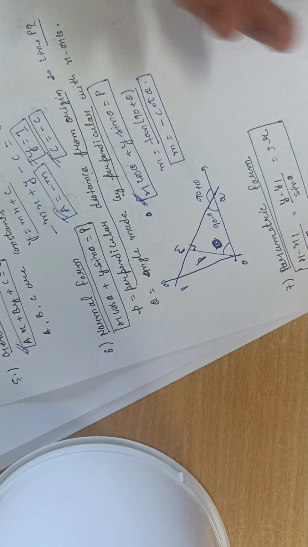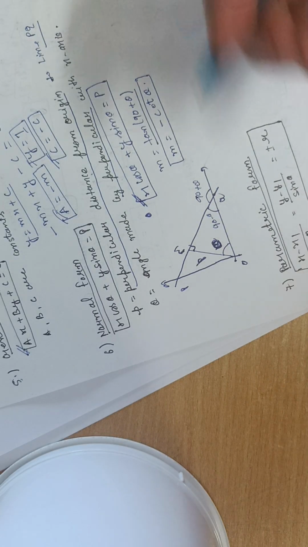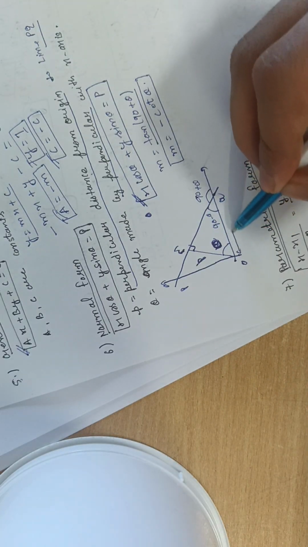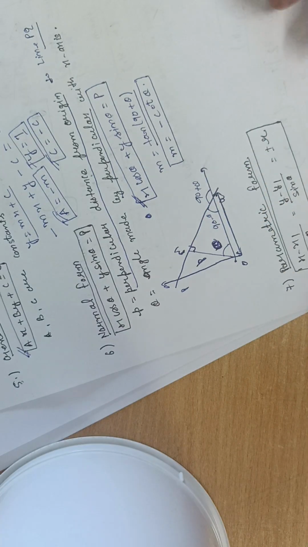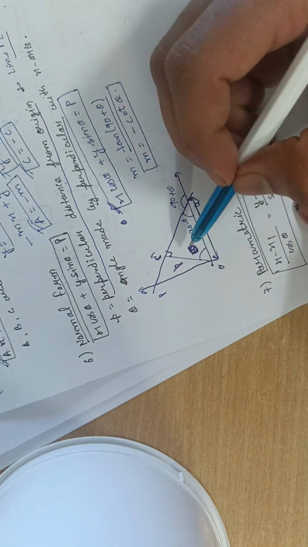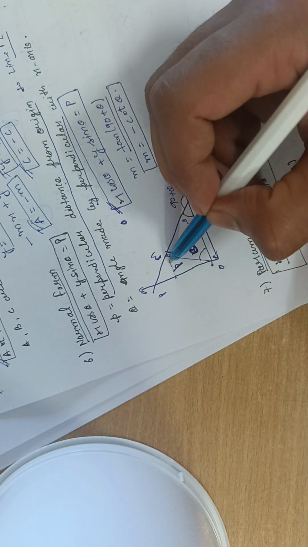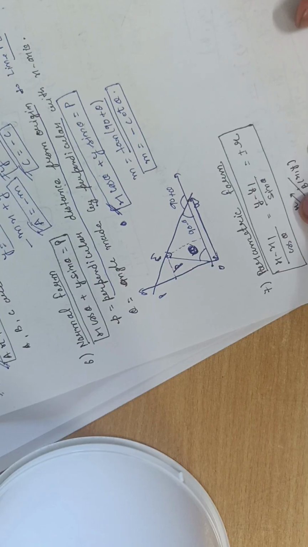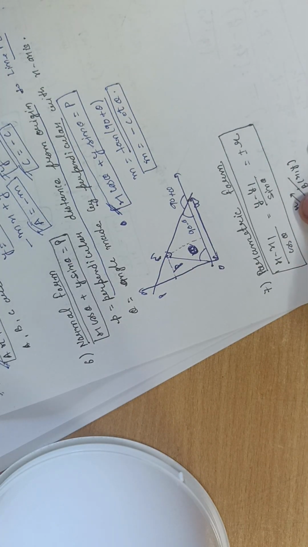Now we just have to find any known point, or some intercept, along with the slope. You can also take the intercept. Okay, now we have the slope.